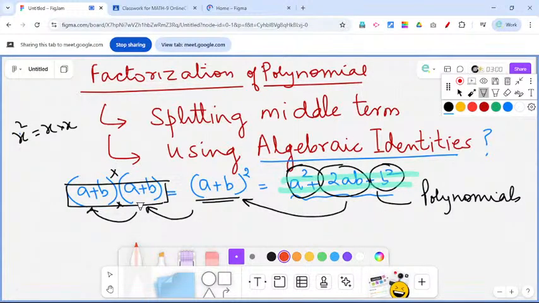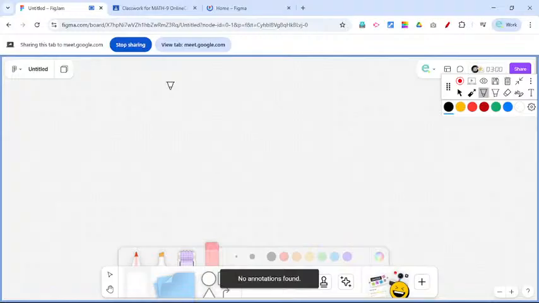Now, then we also did by using splitting middle term. Do you remember splitting middle term? Suppose it was 7x square plus 8x plus 1.